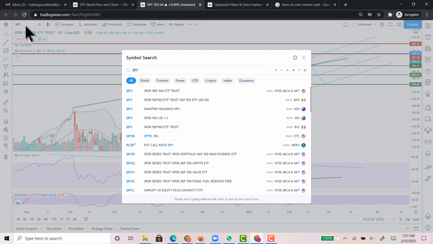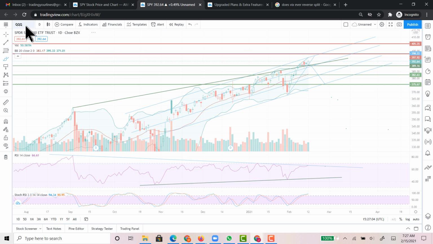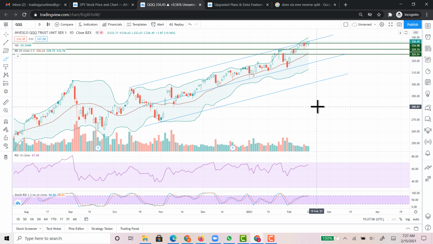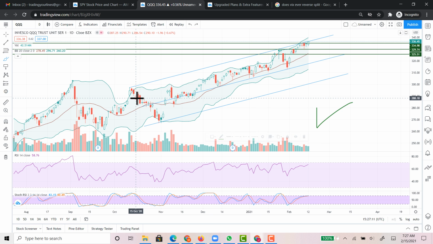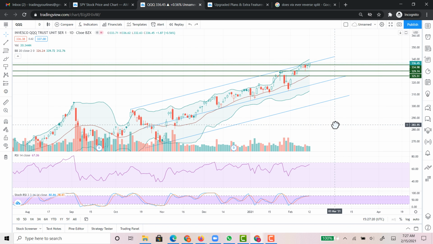Next one we are going to analyze is the QQQ, which is at the top of the band, right? So what we are seeing here is a huge melt-up, and it's also over all the resistance lines, but the only thing which is going to hold right now at 336.45 is also the trend line, where the RSI we have is very high.